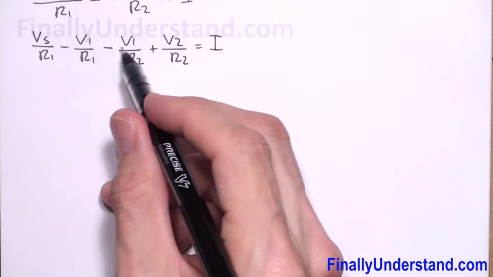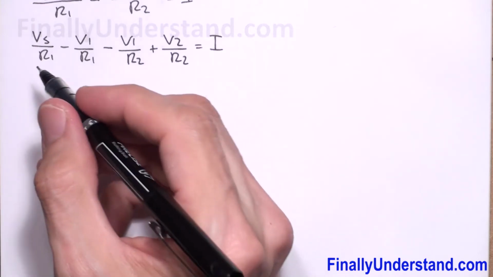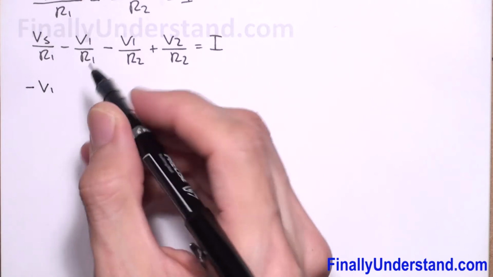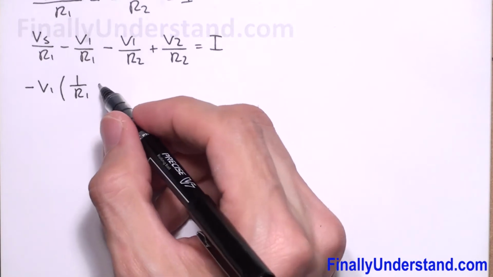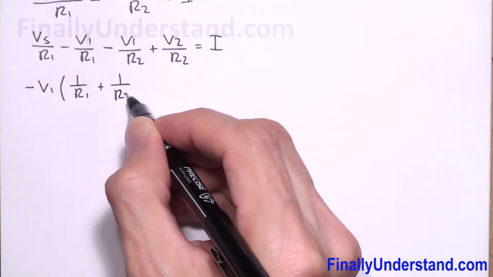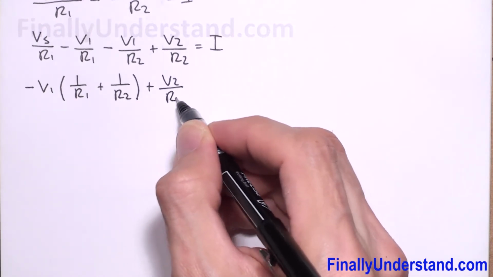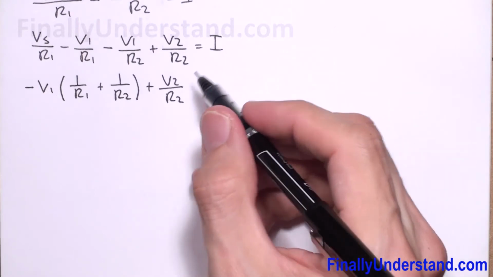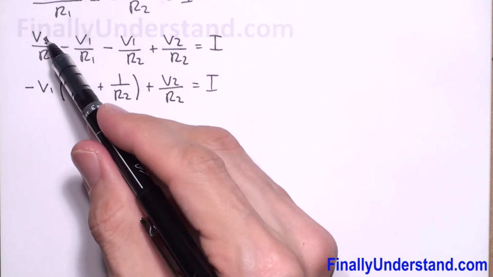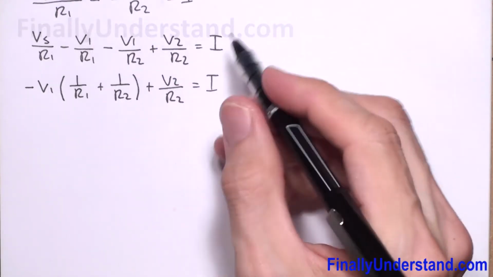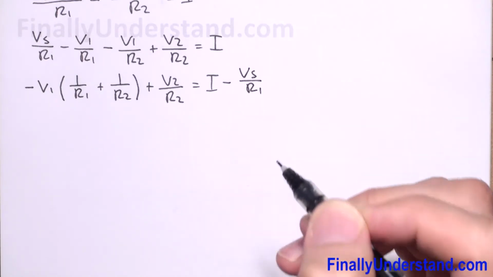I'm going to factorize V1 from these two terms. I have negative V1, and inside the parentheses I'm going to have 1 over R1 plus 1 over R2, close parenthesis, plus V2 over R2, and I have equal I, and I'm going to move Vs over R1 to the right side. That's why this is going to be negative Vs over R1.